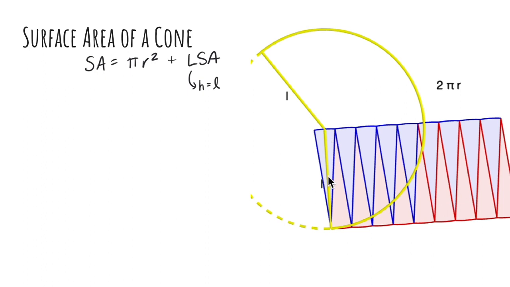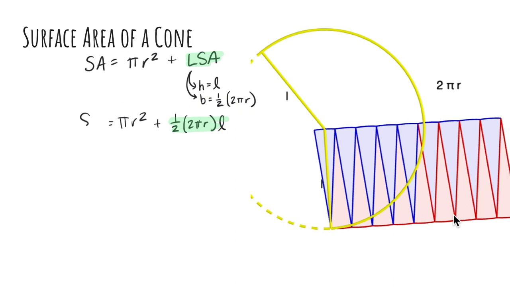So L is the height, and the base of this rectangle is half of the 2 pi r. So half of the original circumference times L, the lateral height of the cone. That's going to be our lateral area, then plus pi r squared for that bottom circle to get the entire area.